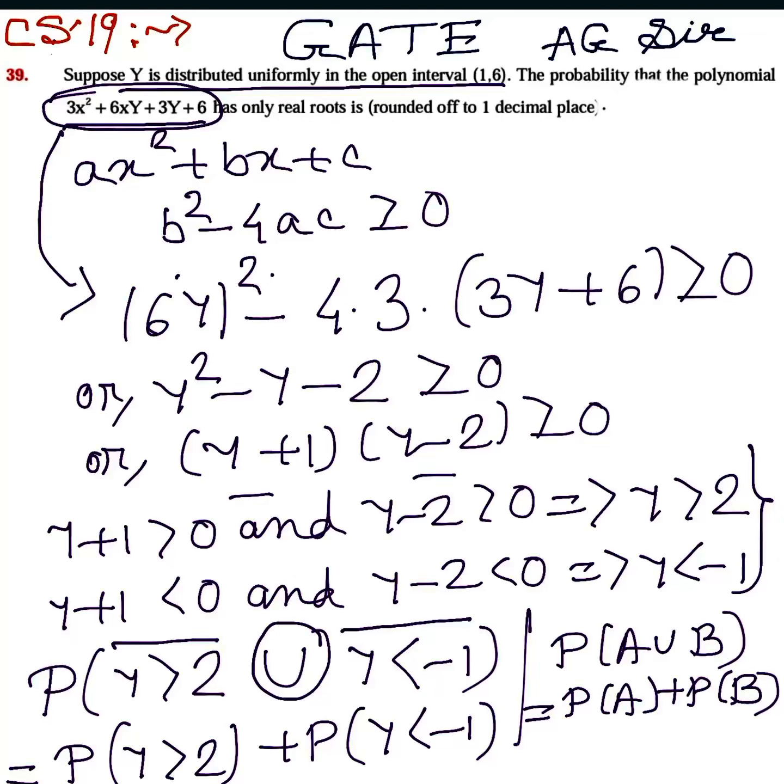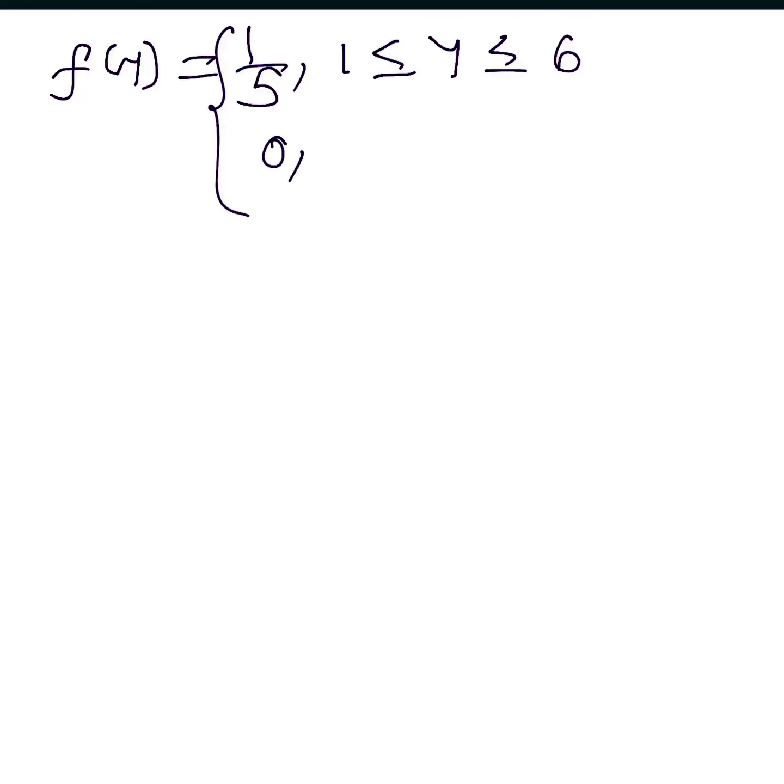Since it is given to you that capital Y is a uniformly distributed random variable in the interval 1 to 6, we can find its probability density function fy as 1 upon 5 between 1 and 6, and in other places clearly it is 0.